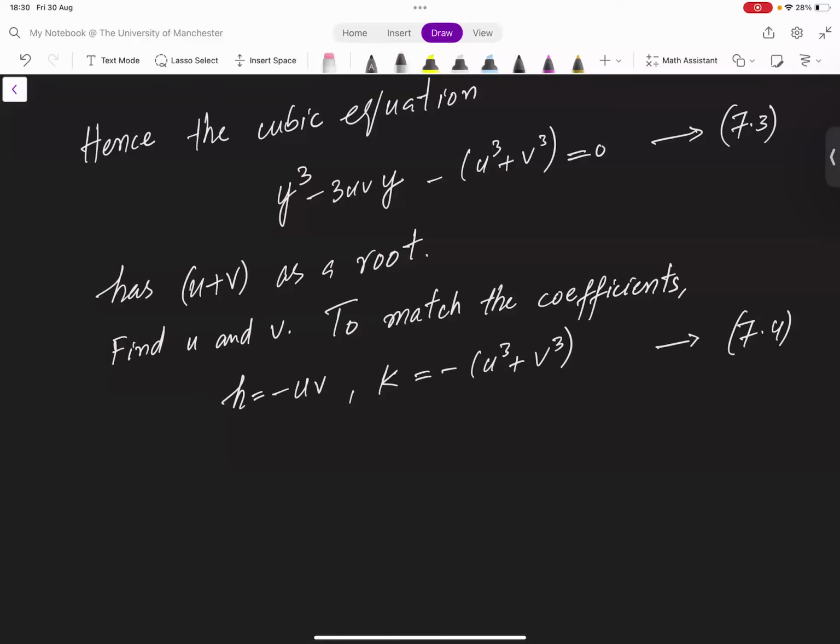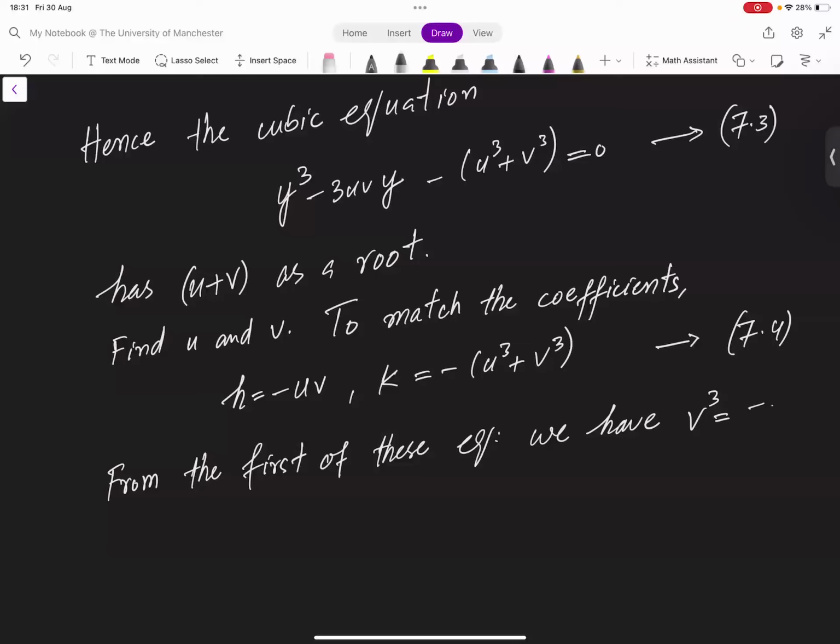From the first of these equations, we have v cube is minus h cube over u cube.